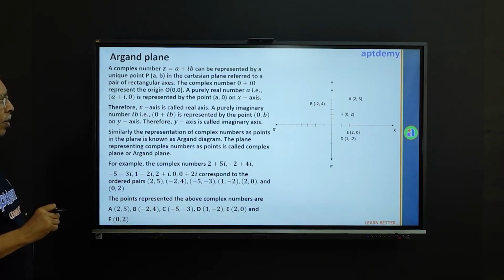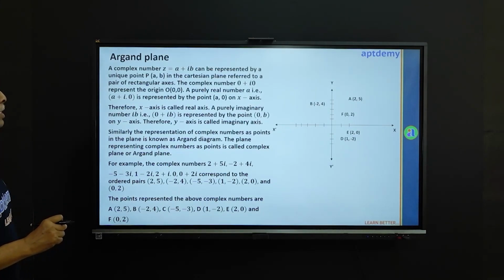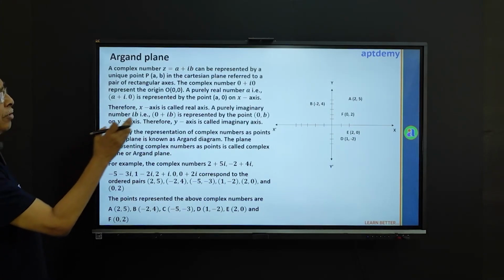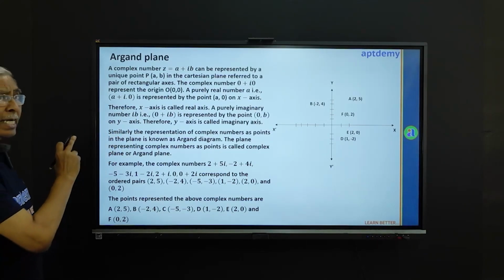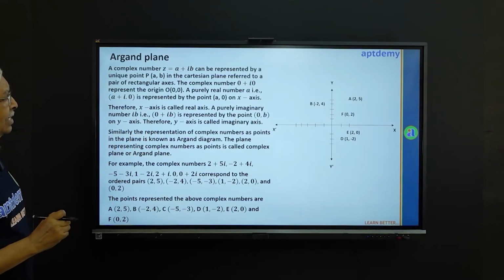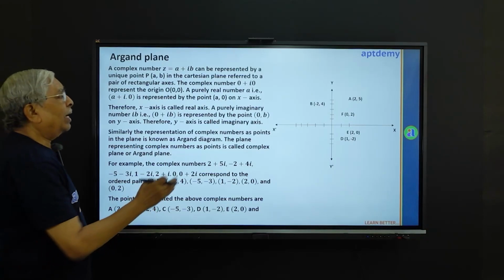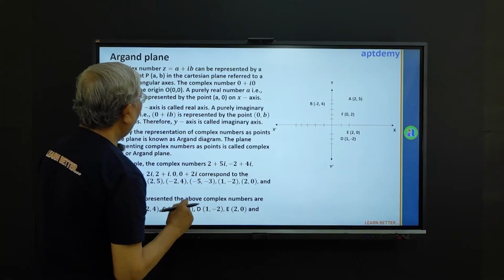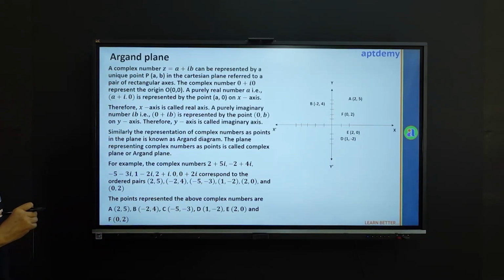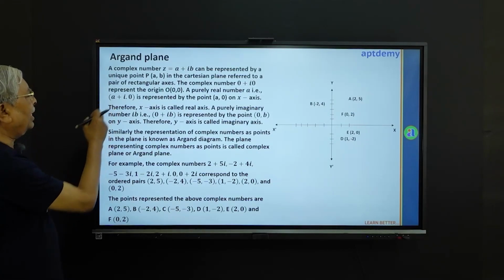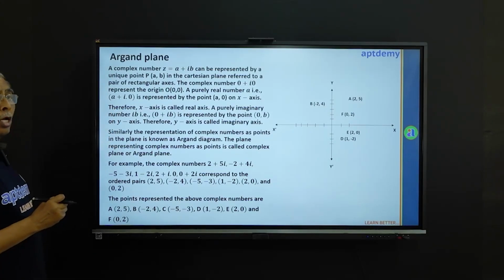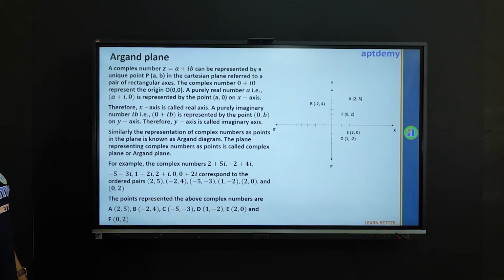Argand plane. How to represent a complex number in the Argand plane? You are taking this as the origin, x-axis as the real axis and y-axis as the imaginary axis. Any point, say (a, 0) on the x-axis, is represented by a plus i into 0, and on the imaginary axis, that is the y-axis, it will be represented by 0 plus ib.